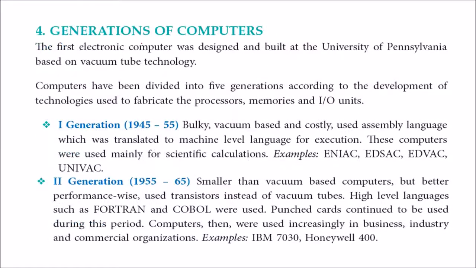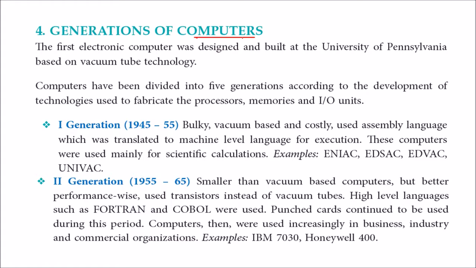Then we come to the generations of computers. We say that our ancestors were somewhat like monkeys. Now we are full-grown human beings with intellect, good looking, well built, going over 6 feet. So every new generation is taller and more intelligent than the previous one. In a similar fashion, there are generations of computers.